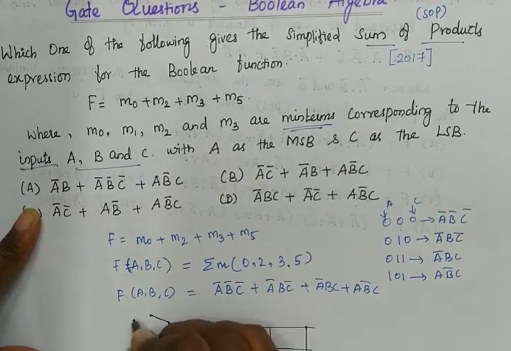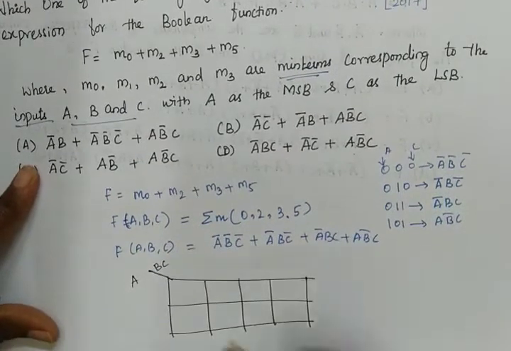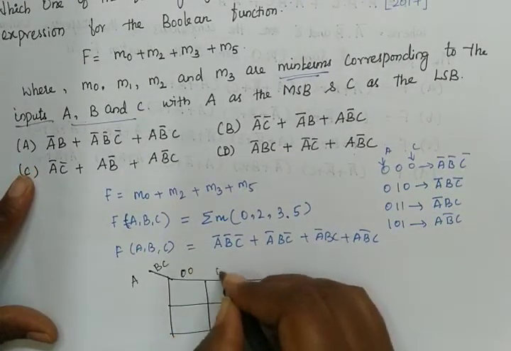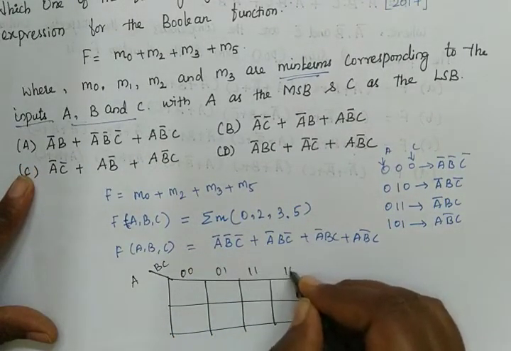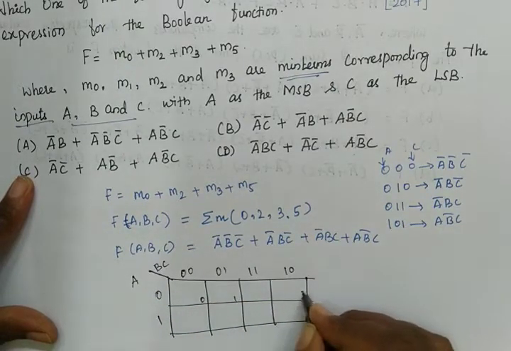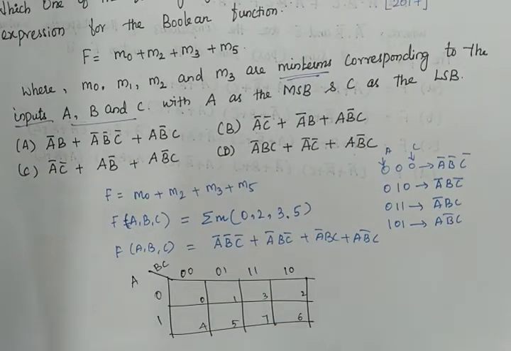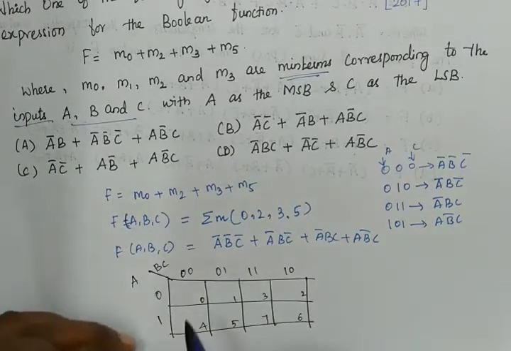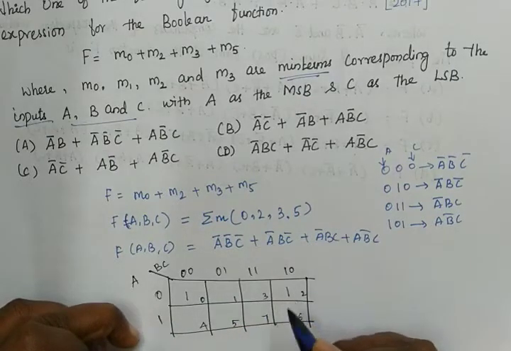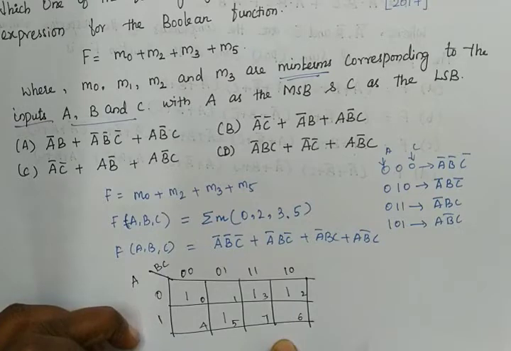Here we have A, B, C. The column labels are 00, 01, 11, 10, and here we know the numbers 0, 1, 2, 3, 4, 5, 6, 7. And what are the numbers present here? 0, 2, then 3, 5. So these are the numbers present.